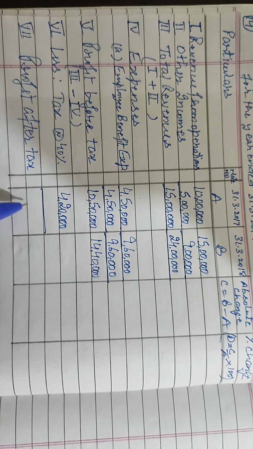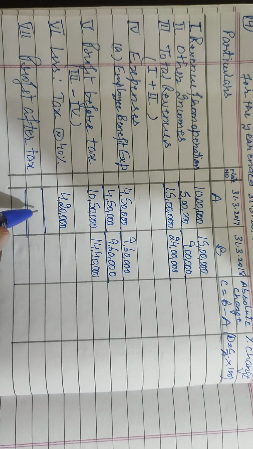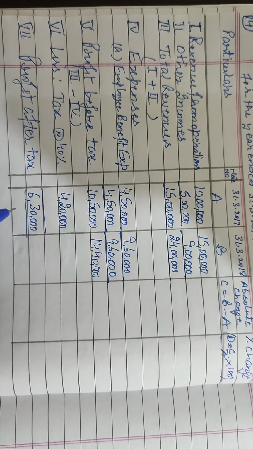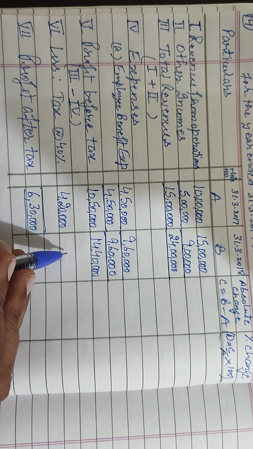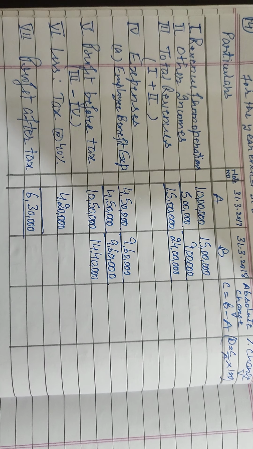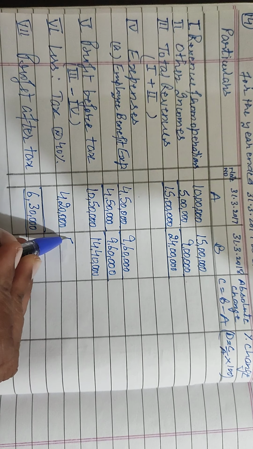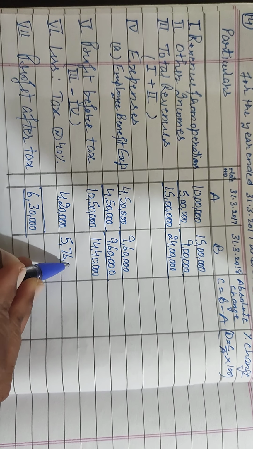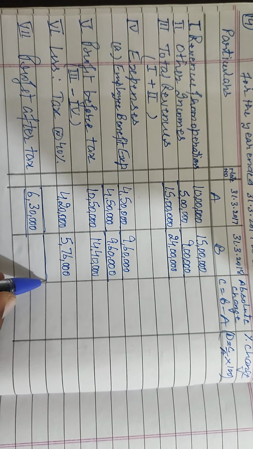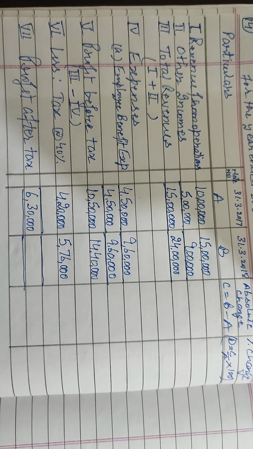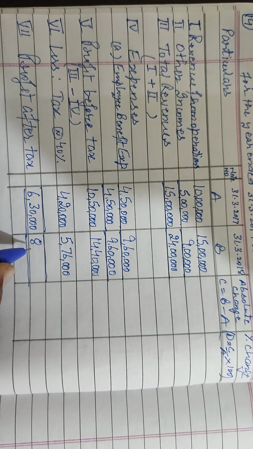Subtracting it, we get profit after tax of 6,30,000. Again, 40% of 14,40,000 will be 5,76,000. Subtracting it, the remaining amount will be 8,64,000.